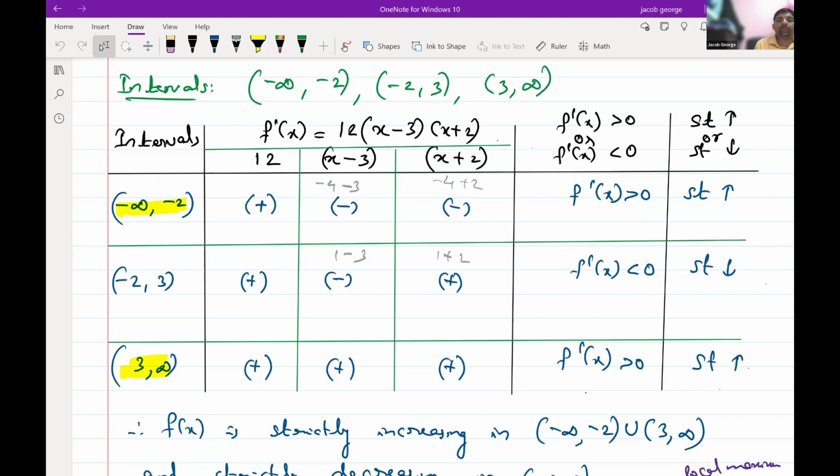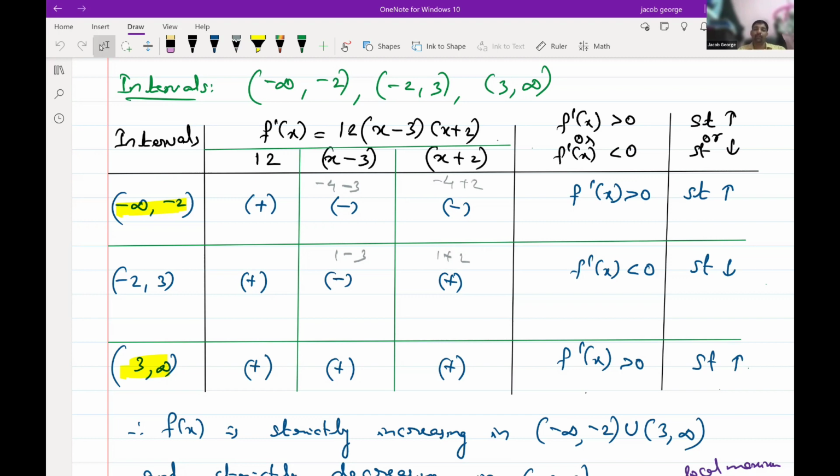So then we write 12 is positive, x minus 3 is negative, x plus 2 is negative. Okay, so then we will take f dash x. So why is x minus 3 negative, all of you understood? In the interval minus infinity to -2, we have to take a value in between minus infinity and -2. I took -4. If I substitute -4 for x minus 3, -4 minus 3 is negative.